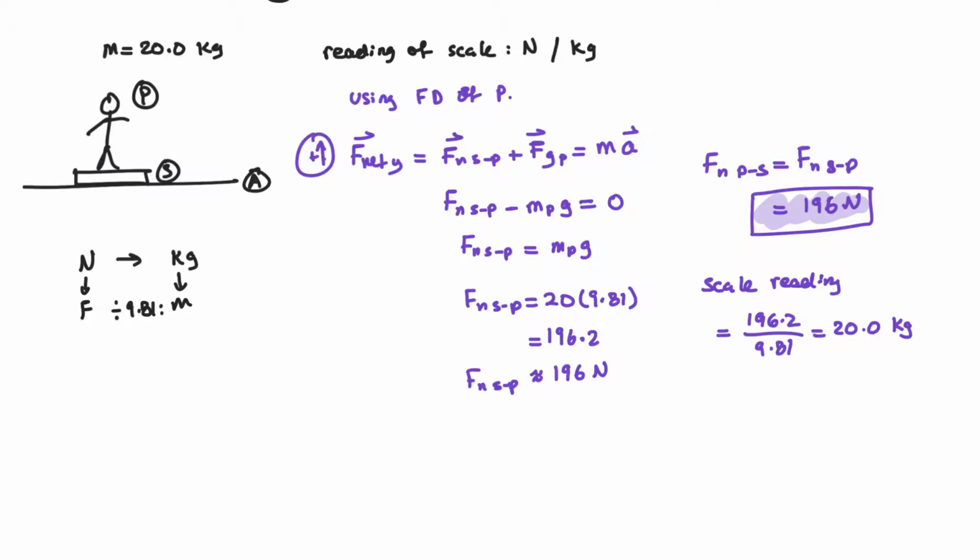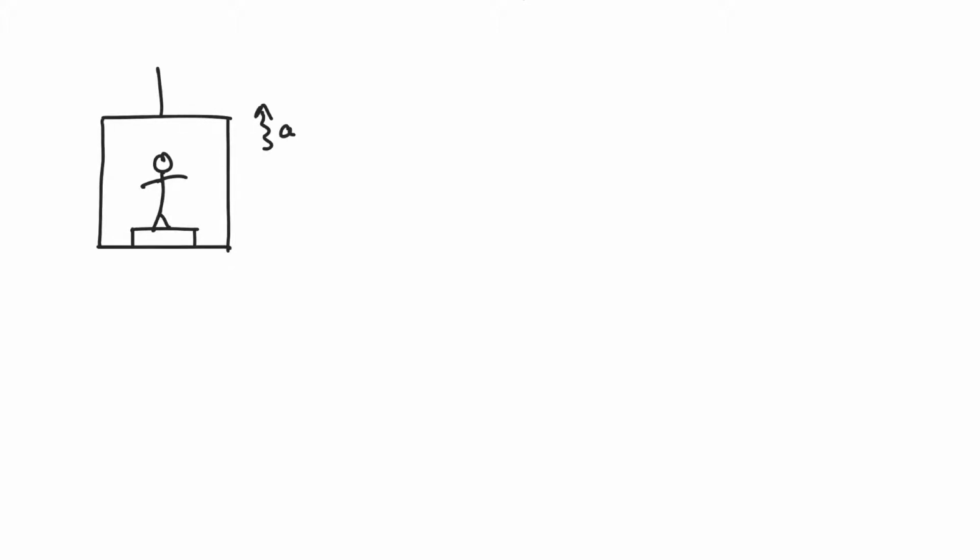All right, we're going to look at another situation now, and that's usually when you stand in an elevator and you move up or down, and then you're going to feel different in terms of how you feel in terms of your weight. So let's move up, and this time we have a person standing on a scale, and the scale is inside an elevator, and the elevator is accelerating upwards, let's say at 3 meters per second squared.